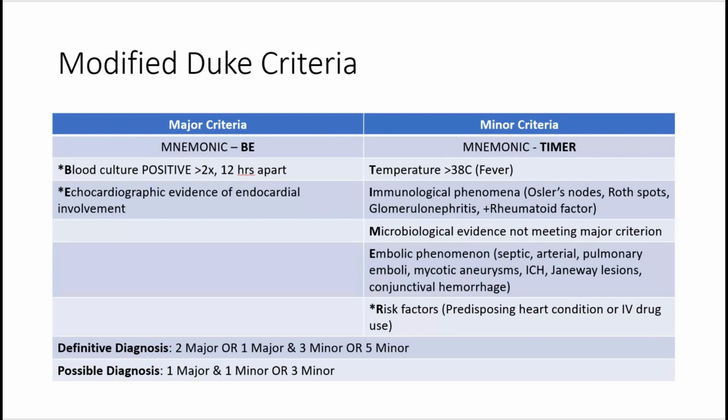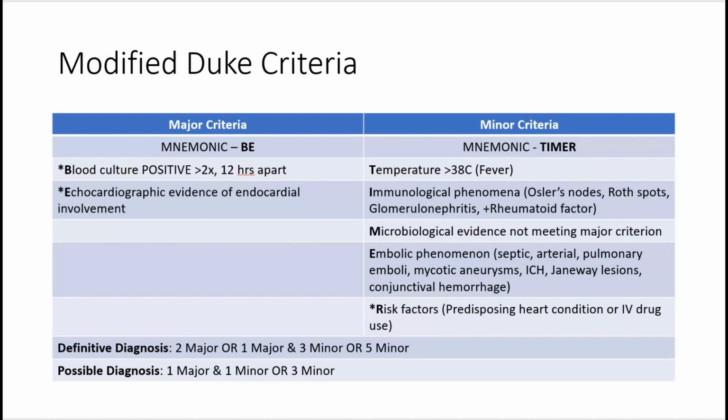There are 5 minor criteria: T for temperature, for fevers. I for immunological phenomenon, so these include Osler nodes, Roth spots, glomerulonephritis, or positive rheumatoid factor. M stands for microbiological evidence not meeting major criterion, meaning a blood culture that's like one set that's positive, or a blood culture that has a bacteria that is not common for endocarditis.